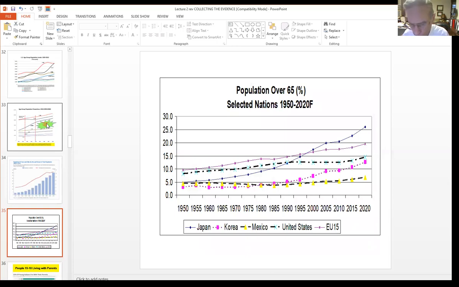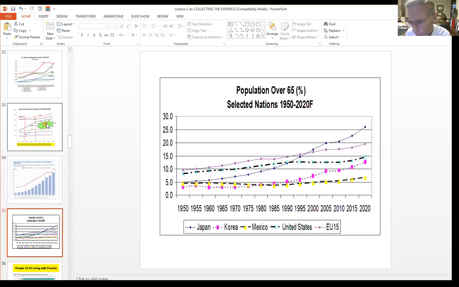By 2020, it'll be 27%. So today it's pushing a quarter of the whole population. Ours is about 20, theirs is about 25. So Japan has taken some rather interesting steps to accommodate its senior citizens. I won't go into it now, but it includes the use of robots and some real innovative techniques.